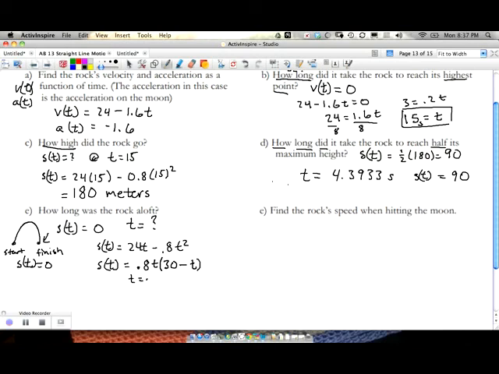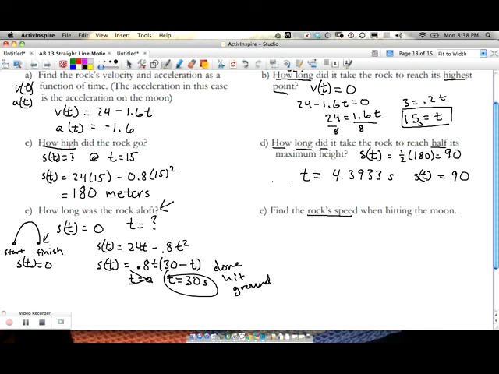So what does t equal? T equals 0, of course, from the start, so we don't really care about that. And t equals 30 seconds. That is when I finish. That's how long it stays up in the air, aloft. All right, so at time equals 30 seconds, I'm done. I hit the ground.